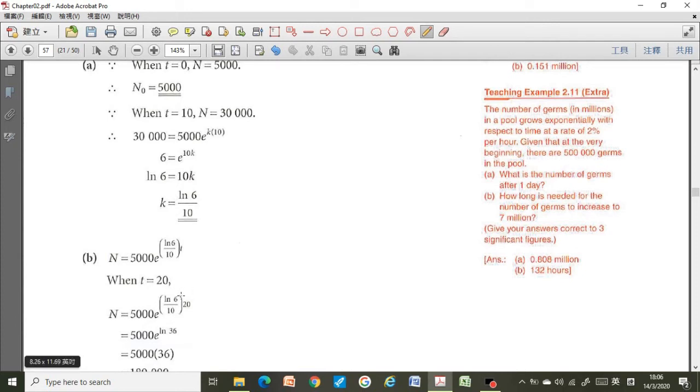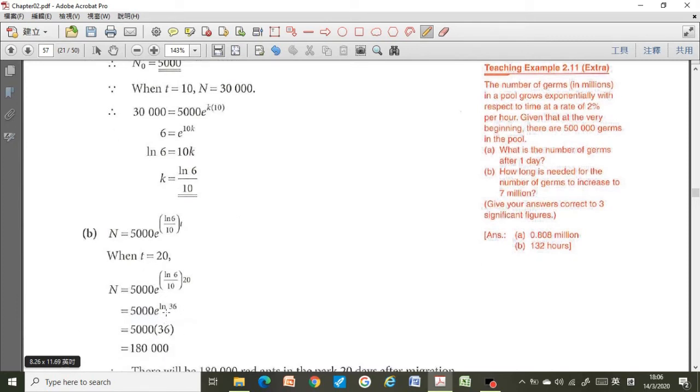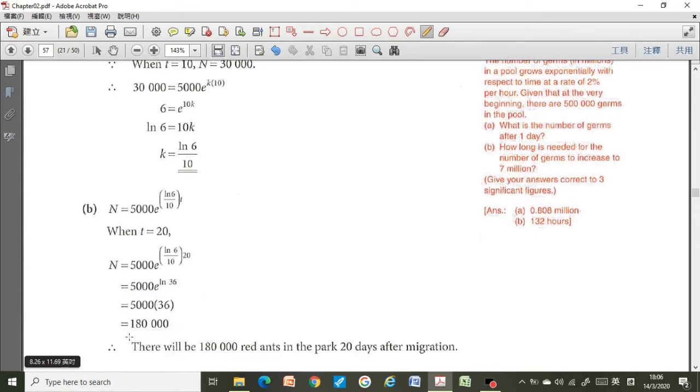So don't just consider the properties from left hand side to right hand side; you can also go from the right hand side to the left hand side. So it is log 6 to the power 2, so it's log 36. By the definition we mentioned before, e to the power log 36 is just 36. So you get 180,000.